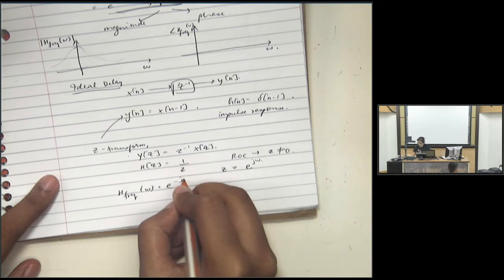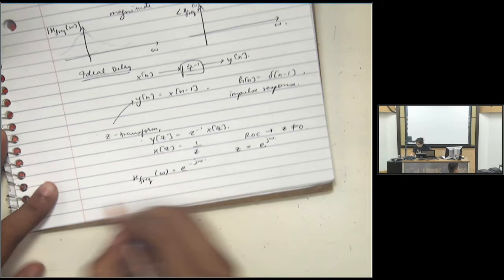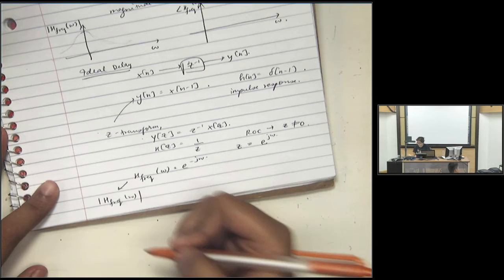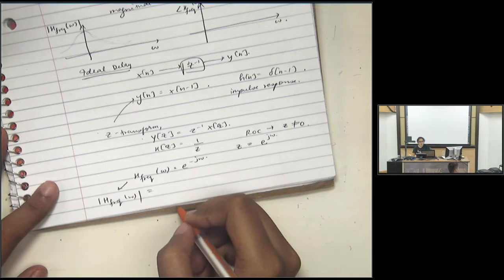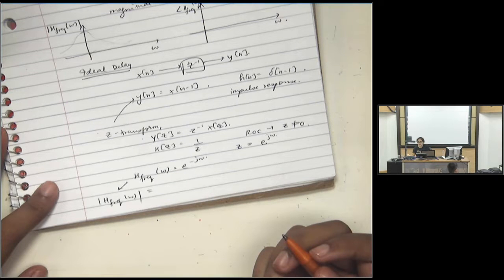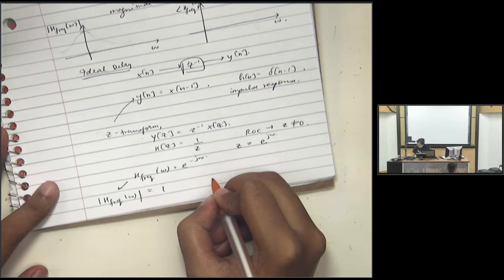Easy, e raised to minus j omega. Correct? Okay, so quickly, let's get its magnitude. What is the magnitude of e raised to minus j omega? 1. And what is my angle?